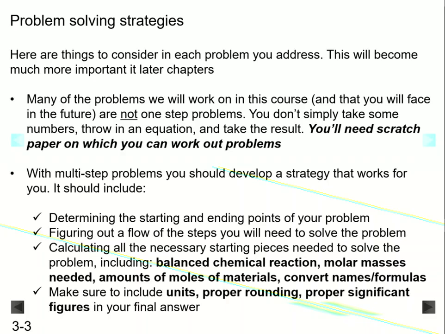One thing that's sometimes helpful if you're struggling to solve a problem is to do a lot of these basic calculations to begin with and see what information you have and see if that helps you in your journey getting to your solution. And finally, of course, when you get to your answer, make sure that you've got units, proper rounding, and proper significant figures in all of your final answers.